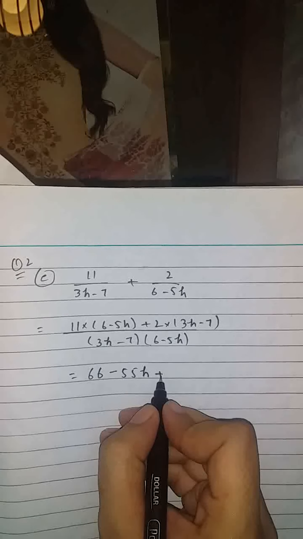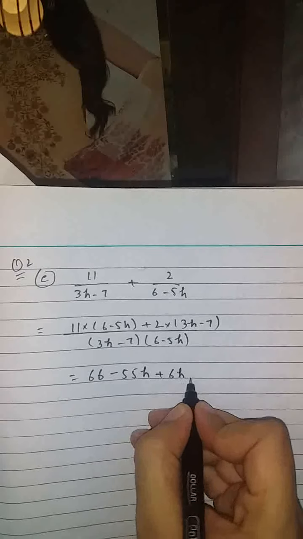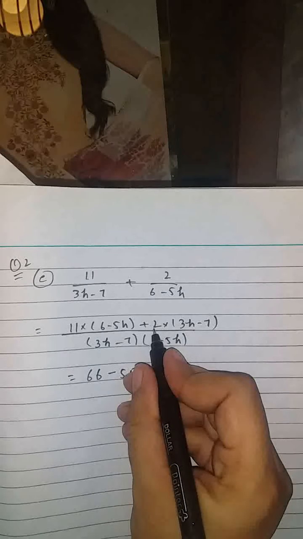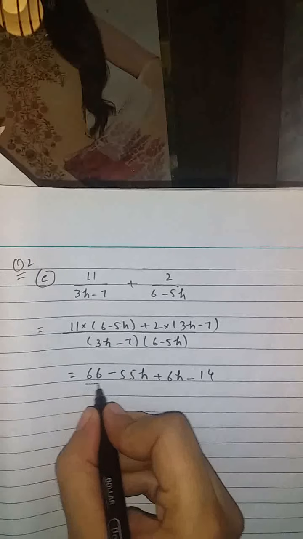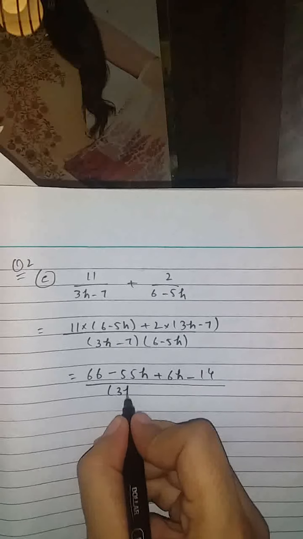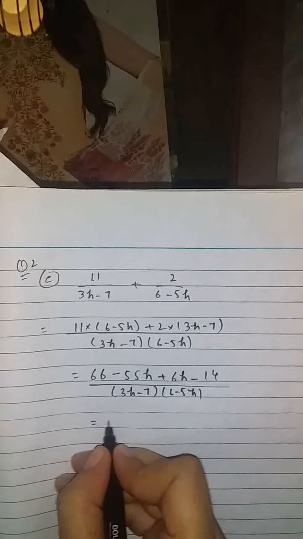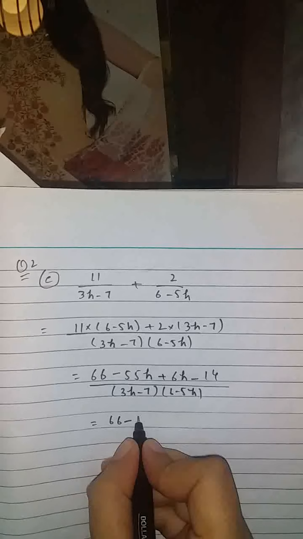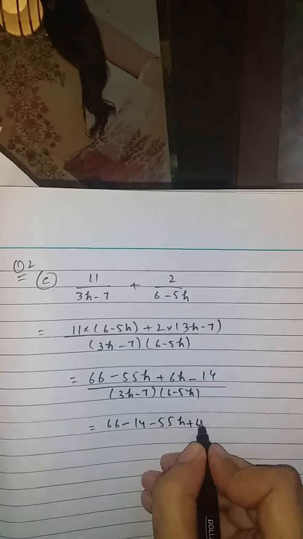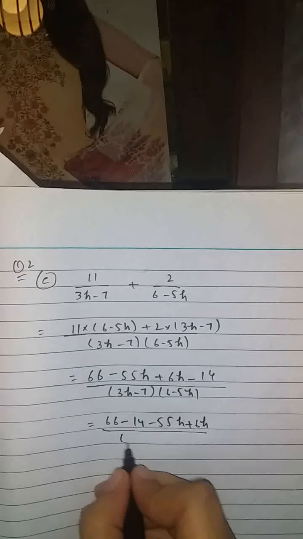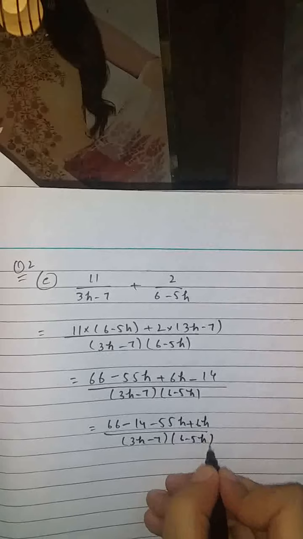Plus 2 times 3h is 6h, minus, plus minus minus 7, 2 times 7 is 14, divide by 3h minus 7, 6 minus 5h. Now we combine like terms, 66 minus 14 minus 55h plus 6h, divide by 3h minus 7, 6 minus 5h.